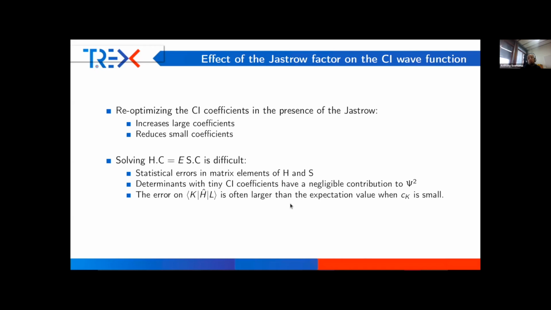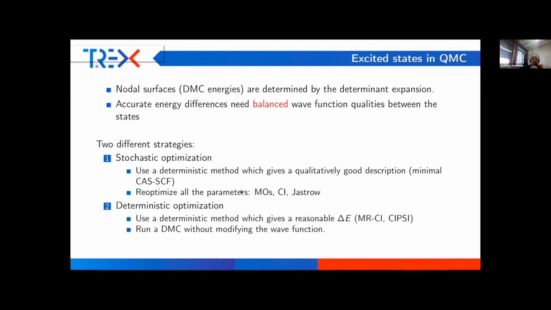And when you have very, very small coefficients, let's say 10 to the minus 5, usually the error on the matrix elements is so large that you don't get any information. So really trying to optimize a huge number of CI coefficients with QMC is difficult. But we are lucky because the Jastrow factor really compacts the expansion, and so everything works fine in practice.